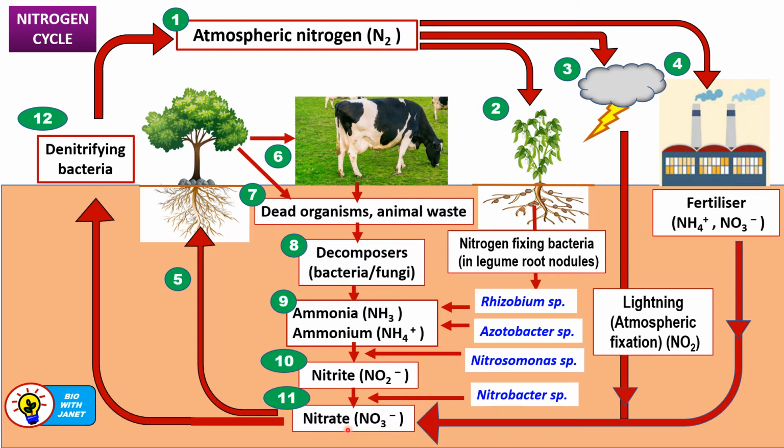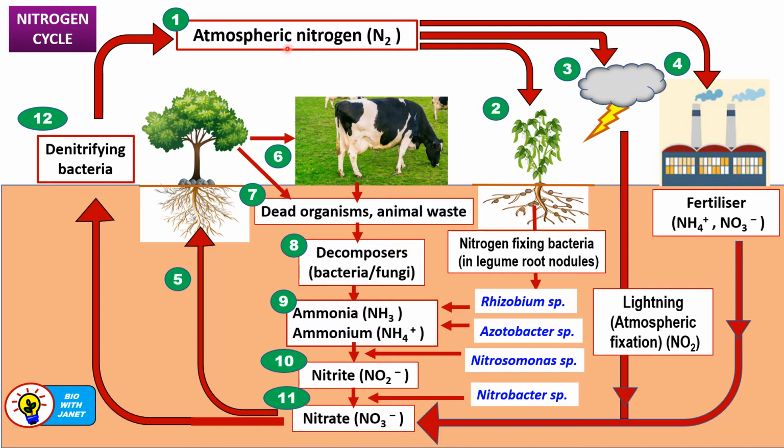All right. Finally, after that now, the nitrate can be reabsorbed by plant roots, and then it will undergo this cycle again. All right. Now, another pathway for the nitrates is that the nitrates can undergo a process called denitrification by denitrifying bacteria, which convert the nitrates in the soil into nitrogen gas in the air.